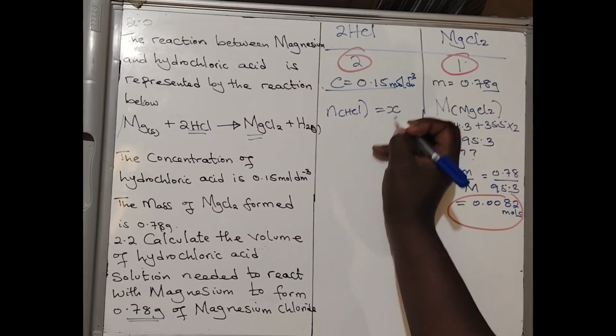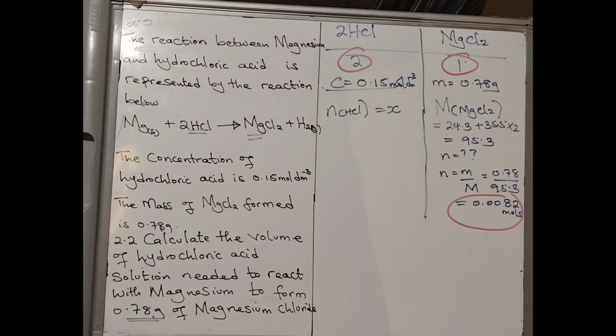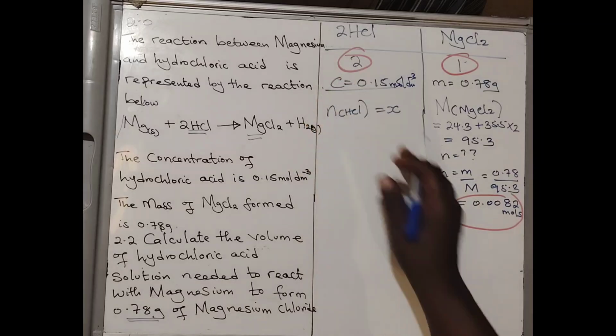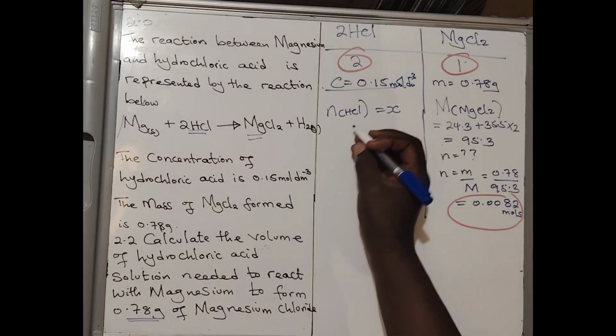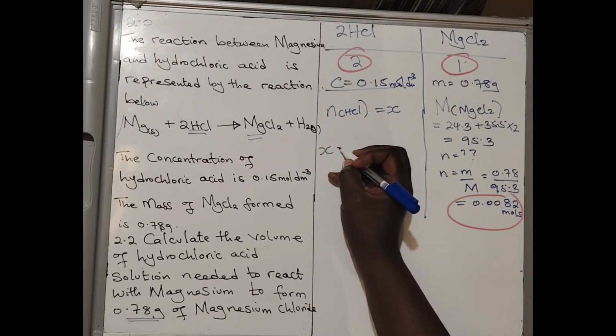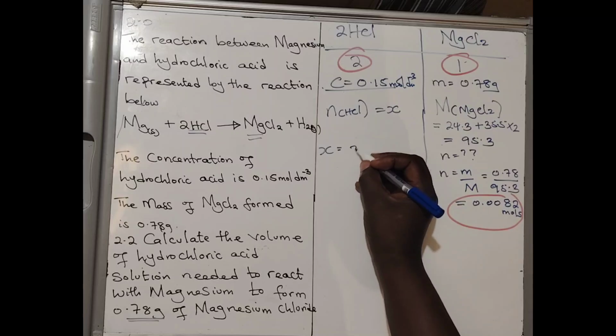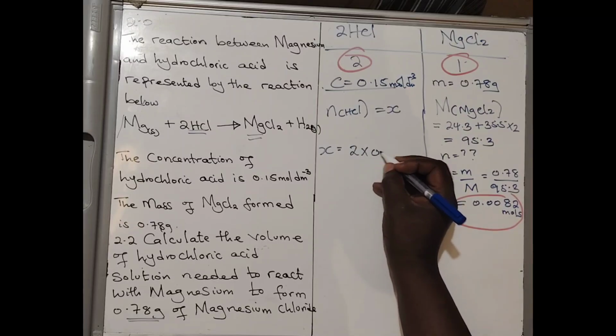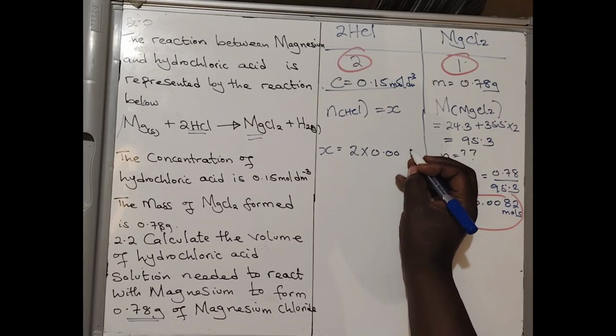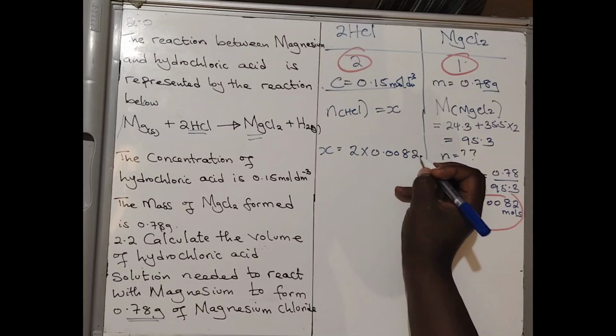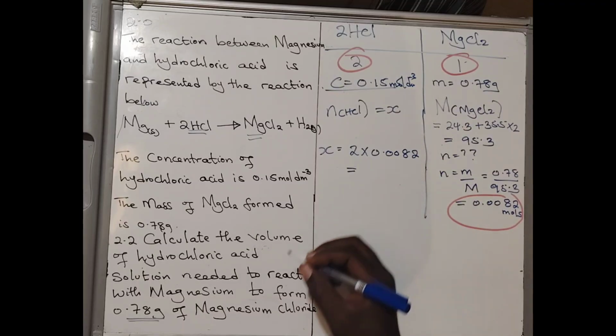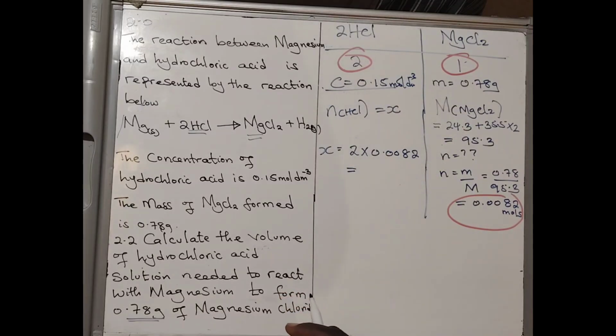Let's call it X. Like I always tell you, these are directly proportional ratios. So you cross multiply, you're going to get X equals 2 times 0.0082. And what do we get out of this one?